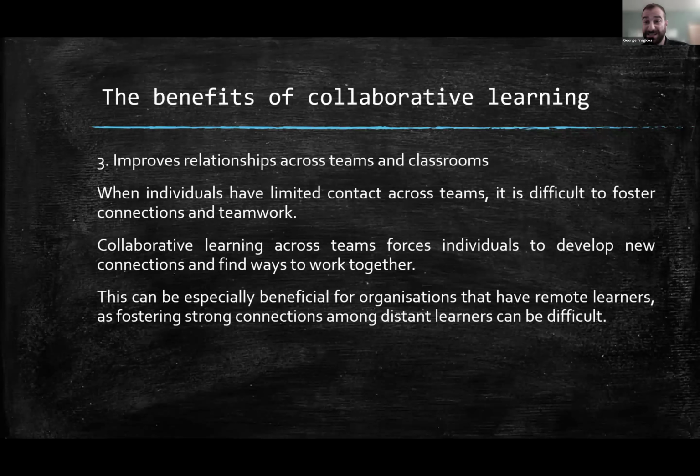And it's especially beneficial for organizations that have remote learners, as fostering strong connections among distant learners can be difficult. That was a big lesson during the pandemic, when we had to use mostly digital means and all the learners were distant.